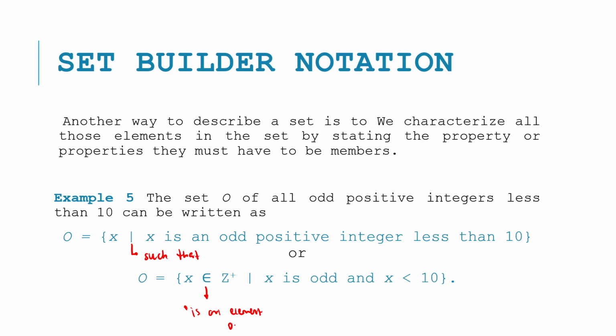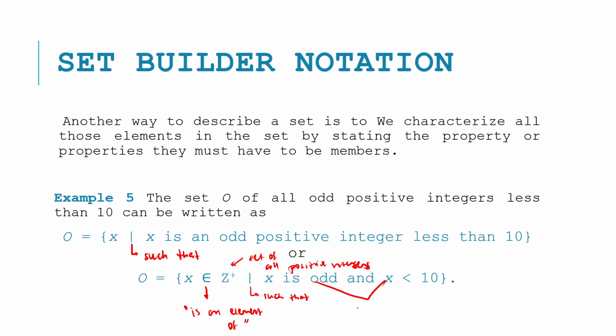So the bar here represents such that, and again this here is read as is an element of Z positive here means set of all positive integers. So basically O is the set of all elements X that is an element of the set of all positive integers such that, okay, this is such that X is odd and X is less than 10.